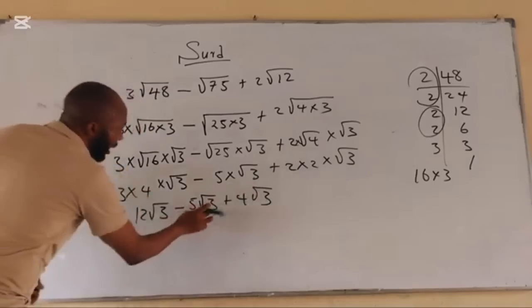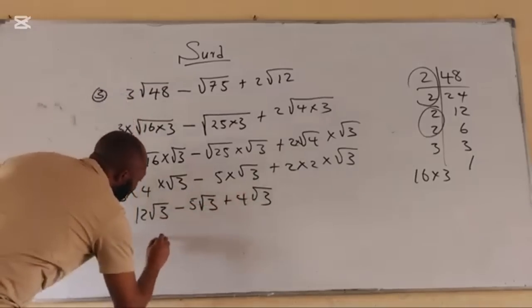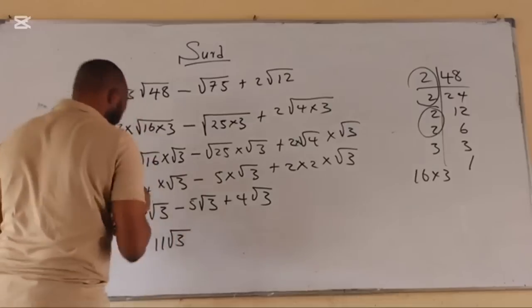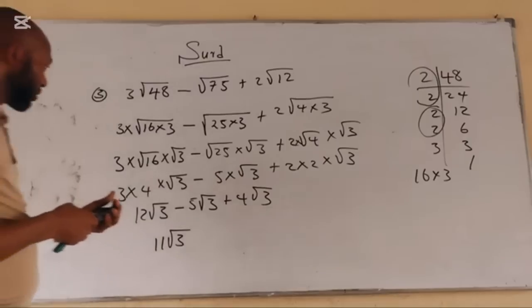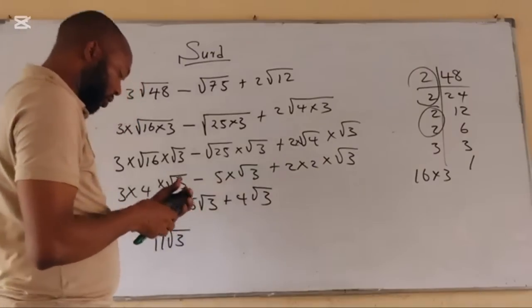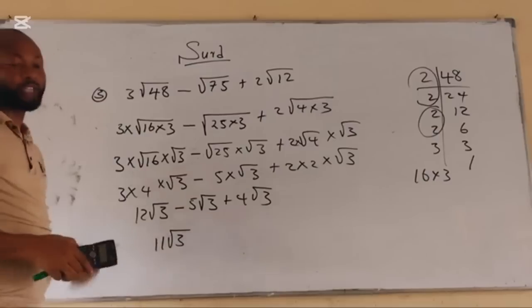All of them are root 3, so that gives us 11 root 3. You can confirm that 12 minus 5, which is 7, plus 4, which is 11. So that's what we have.